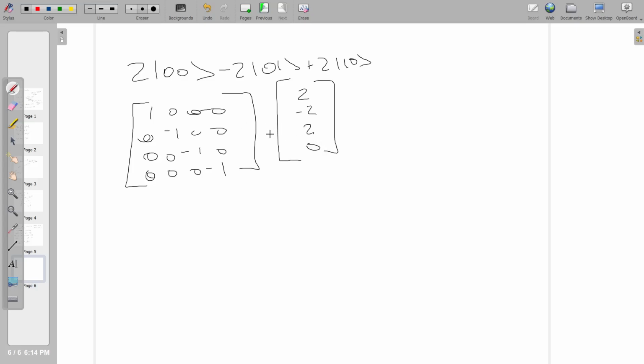So this might not work out. I guess I could renormalize this. If I just did that, it'd be 2 plus 2 plus 2 is 6. 6 squared is 36, which means that each of these would be 1 over the square root of 3, because it's 3 equiprobable states. So I guess I could normalize that.